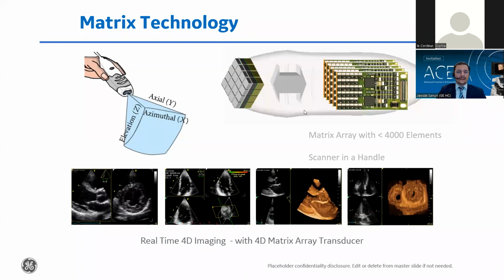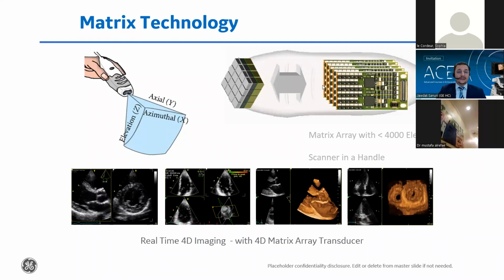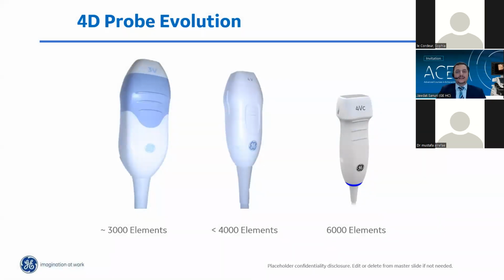Then we ended up using more advanced signal processing, using the miniaturization advancements in technology, such as now, as you know, in our smartphones, we have CPUs that are as big as the SIM card on our mobile. And this is what we are using in these probes. We have evolved the probes from the huge bulky probes of the past to even higher numbers of elements with smaller size, smaller footprint and even smaller weight than the 2D probes.